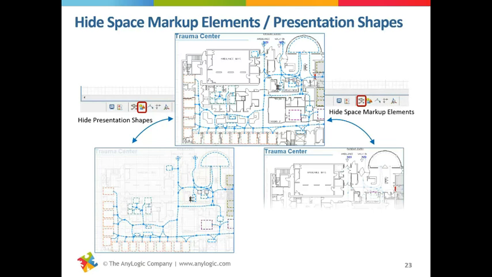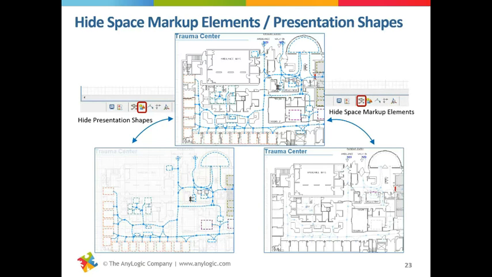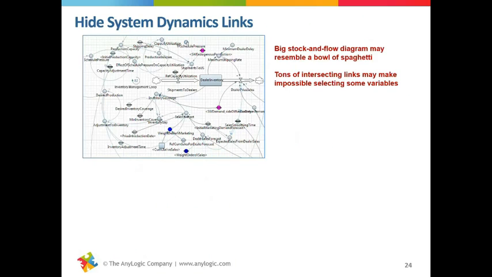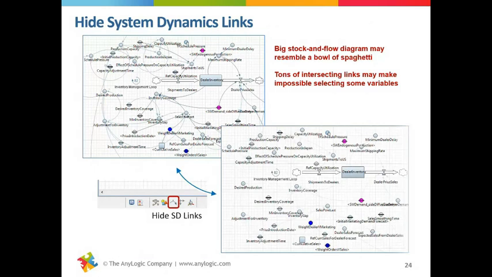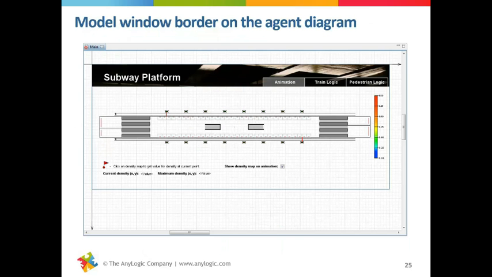Or click on the Hide Space Markup Elements icon to hide those elements. You can also choose to hide the System Dynamics links. Now your model window border shows up as a blue line in your Graphical Editor workspace, so you know exactly which items will appear in your simulation window.